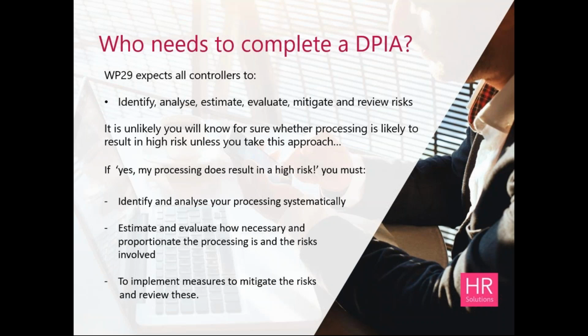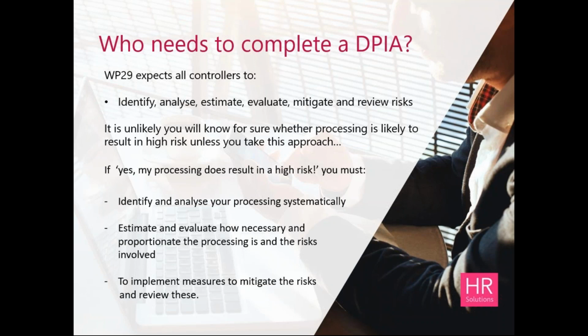Okay. And now I have paraphrased this to try and illustrate a point, but I assure you it's very succinct with what is required under a DPIA. You would have to identify and analyse your processing systematically, estimate and evaluate how necessary and proportionate the processing is and the risks that are involved.